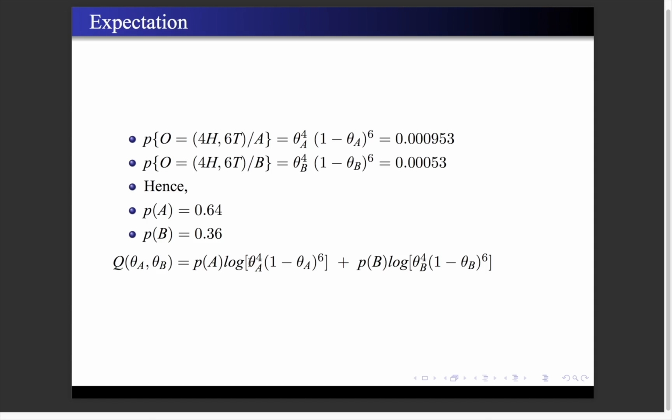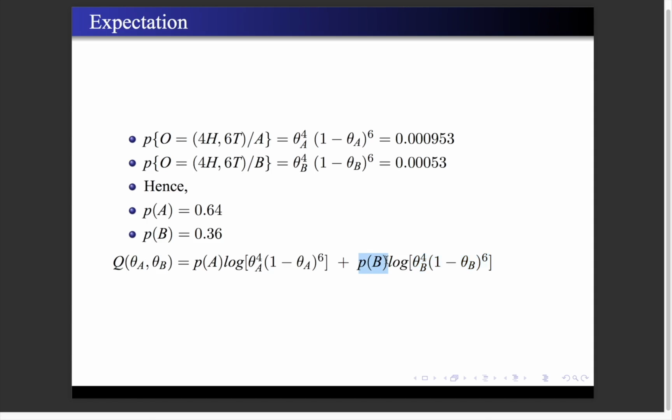First, we write the probability of the outcome for both coins, A and B. You see this formula. This is the same as this one. It is the probability of the outcome given that the coin is A, and this one the probability of the outcome given that the coin is B. Then we apply the log function to both those probabilities, so that it becomes the log likelihood. After that, we average.